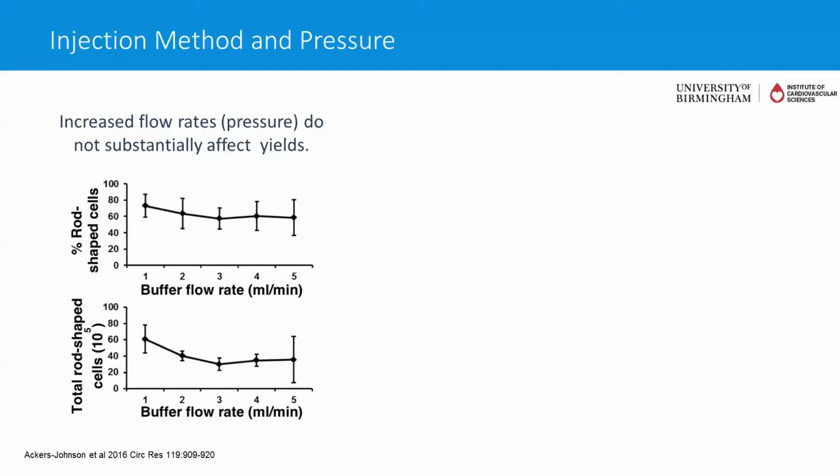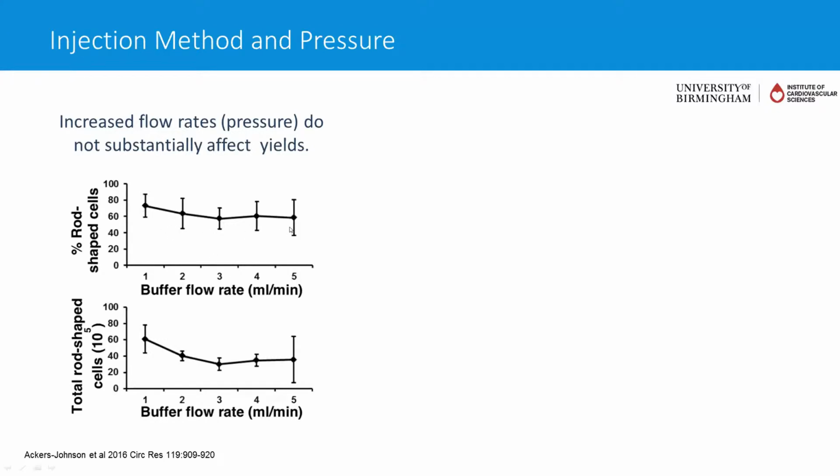Now, Matt has actually done some great work, and this is in the paper, and these figures you can find in the paper, where he's looked at the ability to isolate cells in terms of the percentage of rod-shaped cells, but also in terms of the total number of rod-shaped cells that you get using different flow rates.